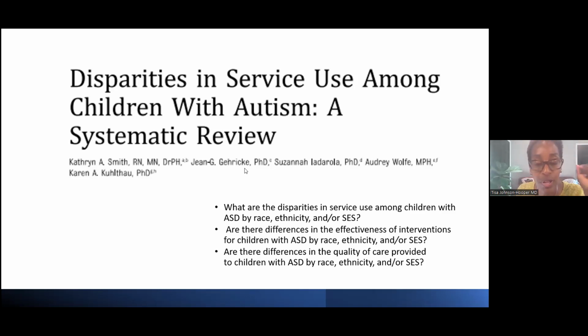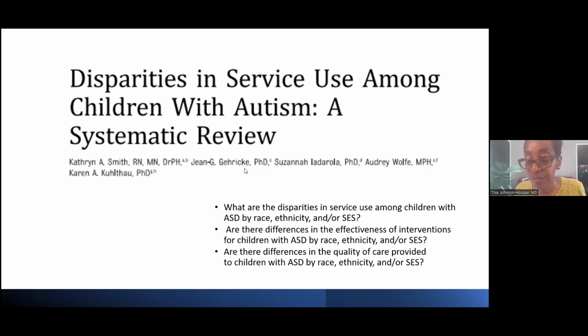The questions they identified were: 1, what are the disparities in service use among children with autism by race, ethnicity, and or socioeconomic status? 2, are there differences in the effectiveness of intervention for children with autism by race, ethnicity, or socioeconomic status?